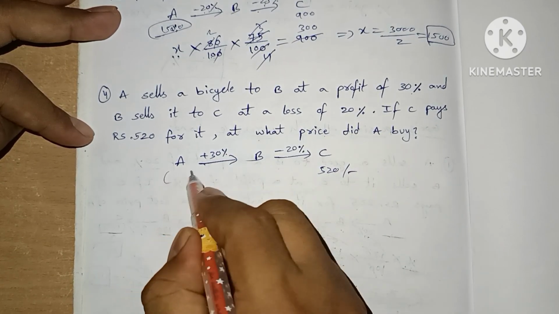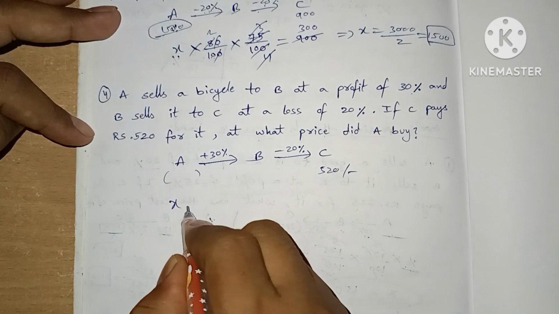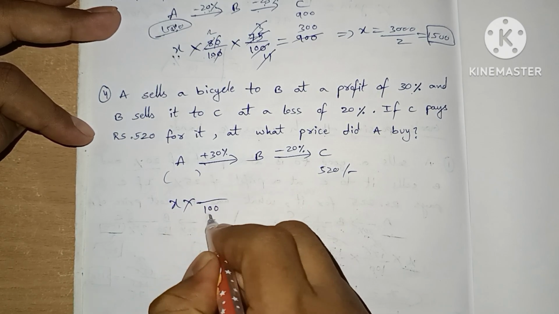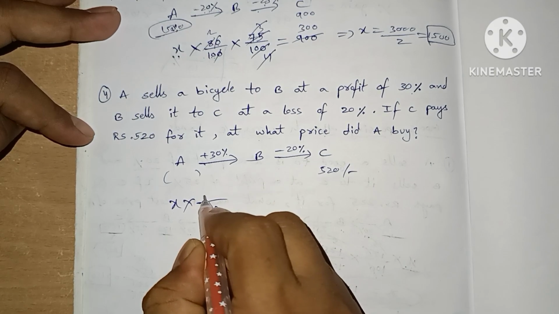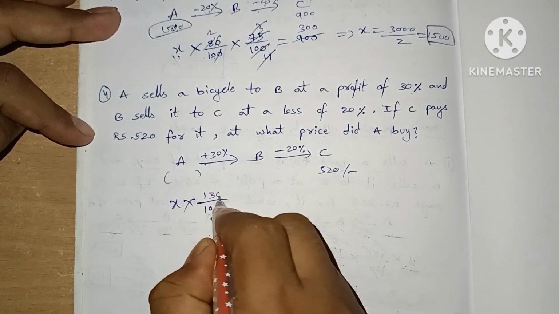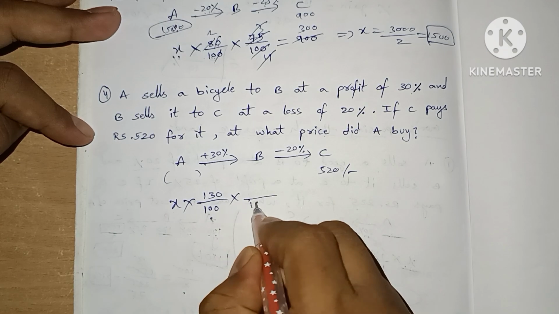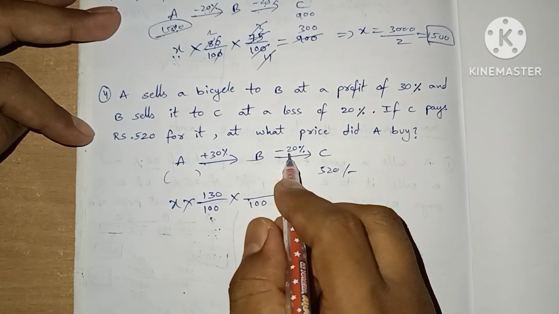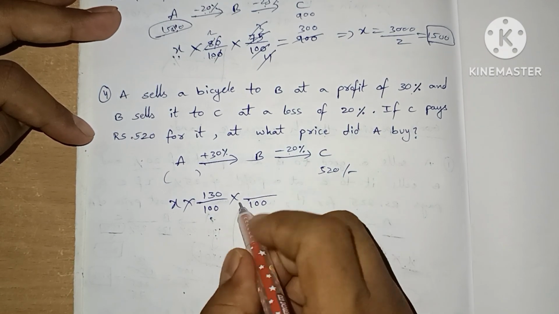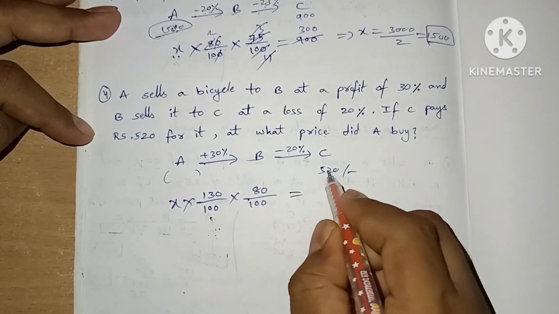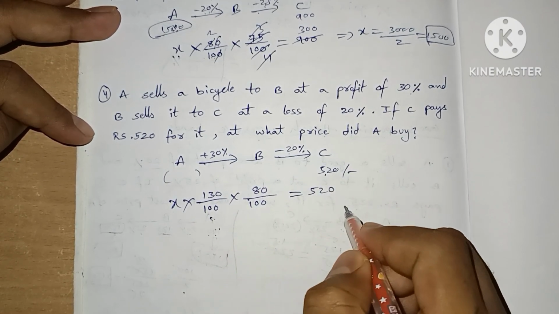We don't know the value of A. First he sells at 130 for 100, and B sells at a loss of 20%, means 80%, and C paid 520.